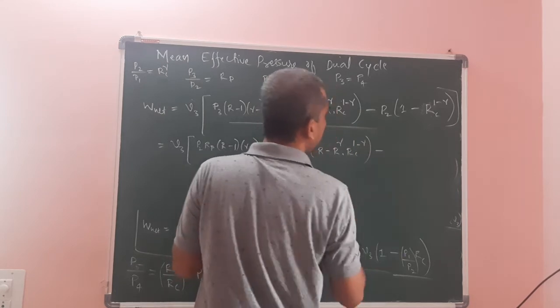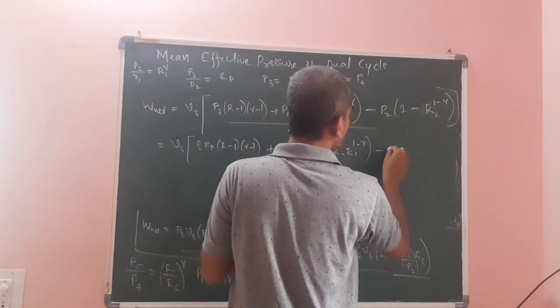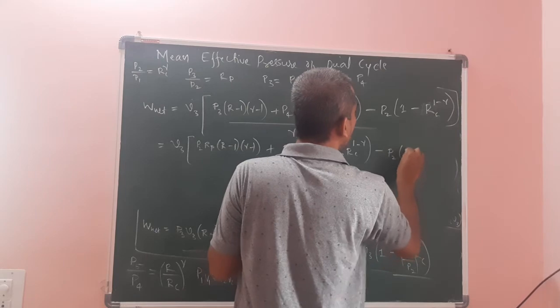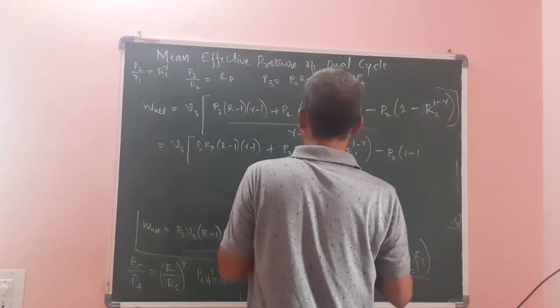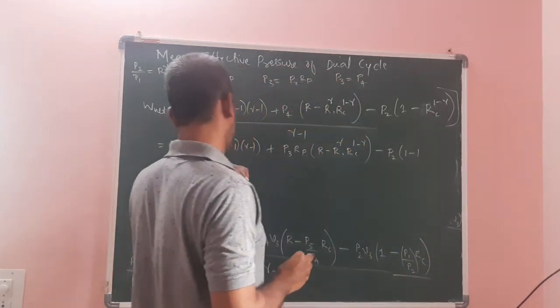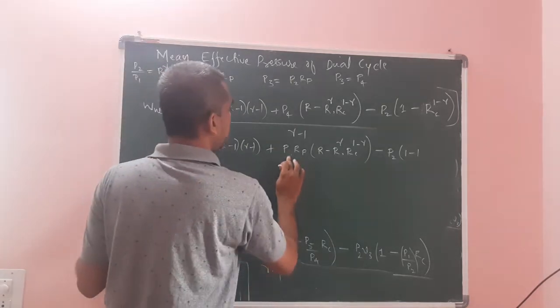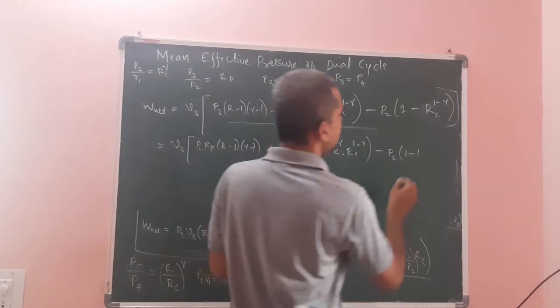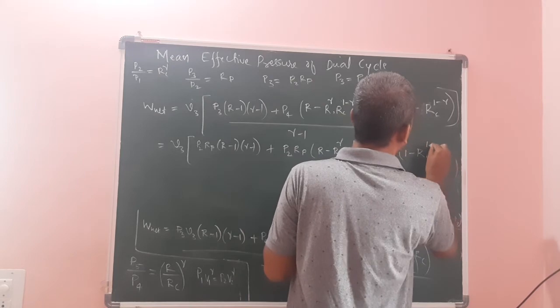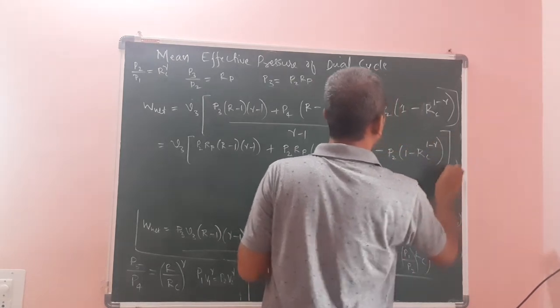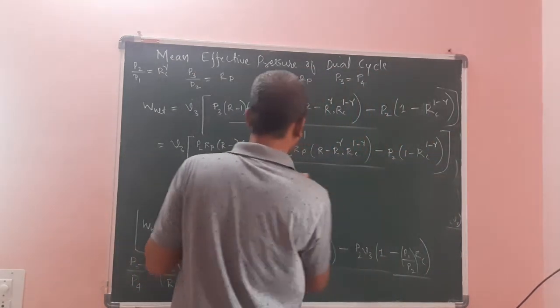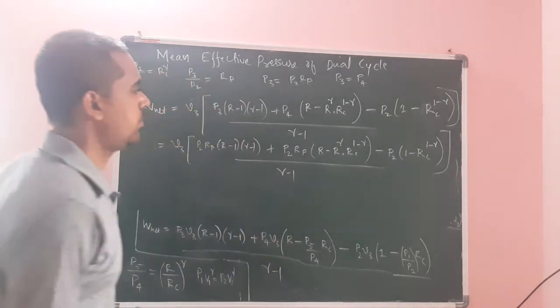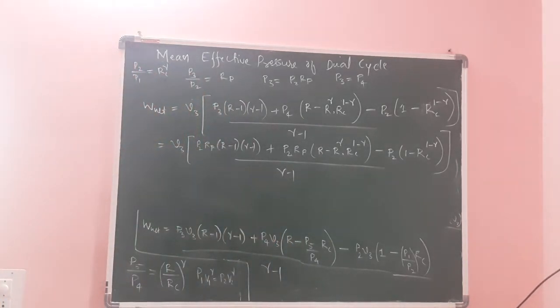Okay, minus of P2 into 1 minus, okay, so P2 into RP, no? P2 into 1 minus RC raised to 1 minus gamma. Okay, whole divided by gamma minus 1.